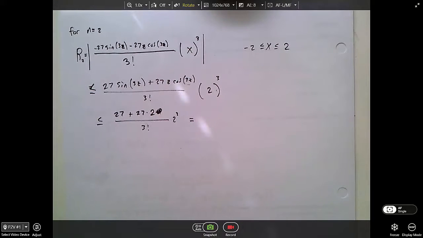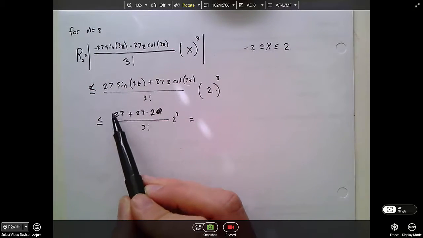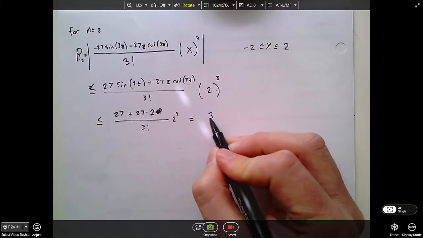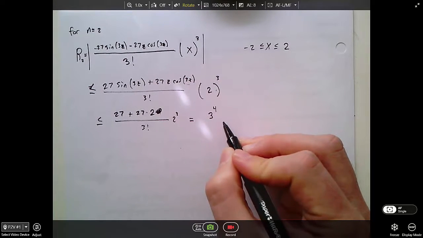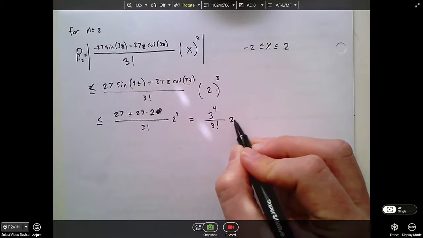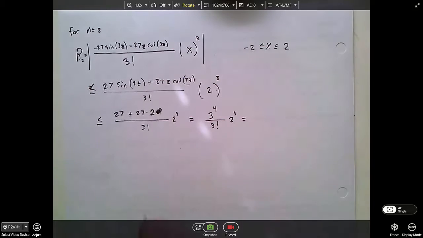Okay, so that is, let's see, 27 is already 3 cubed, and I've got 1, 2, 3 of those. So that's like 3 to the 4th, divided by 3 factorial times 2 cubed. All right.